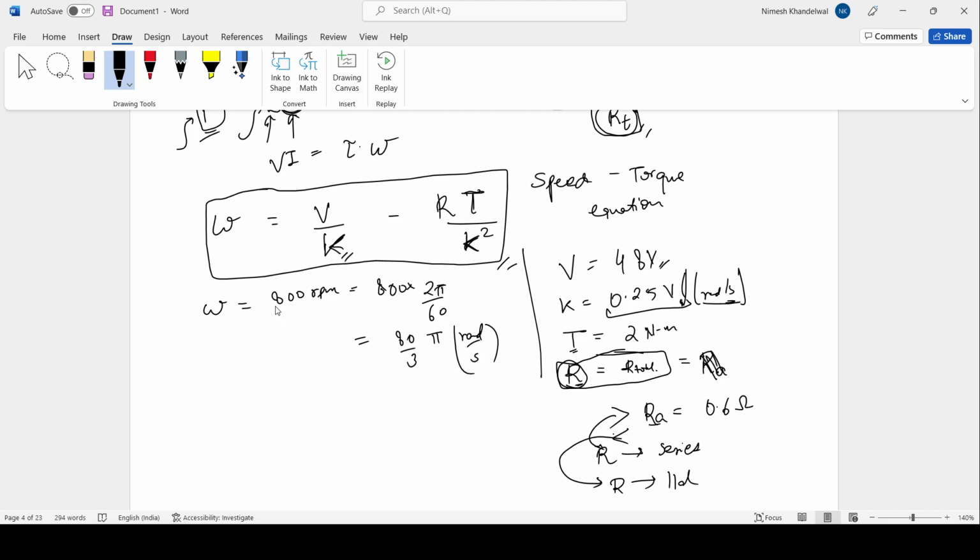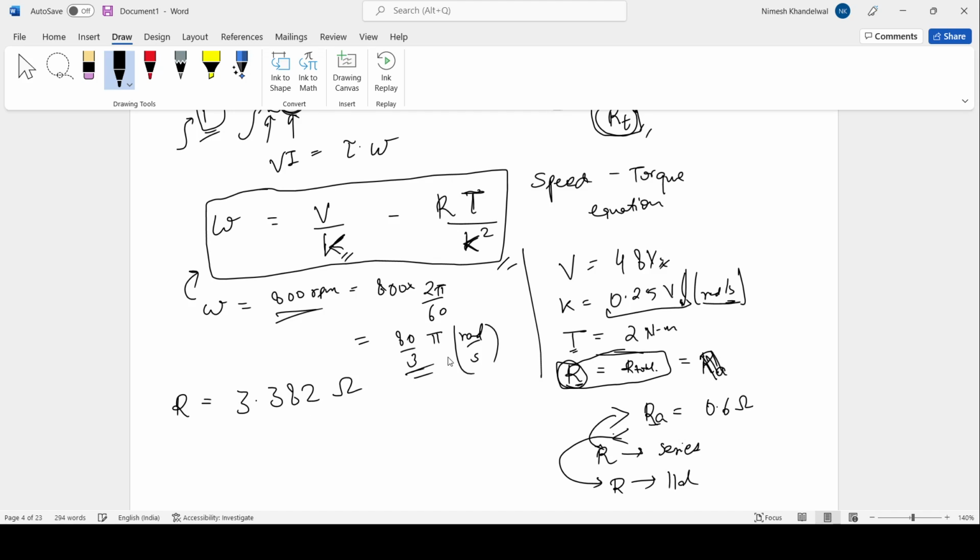So we put all these values in this equation, and we get the value of total resistance. If you put the values here and do all the calculations, you will find that R comes out to be 3.382 ohm.